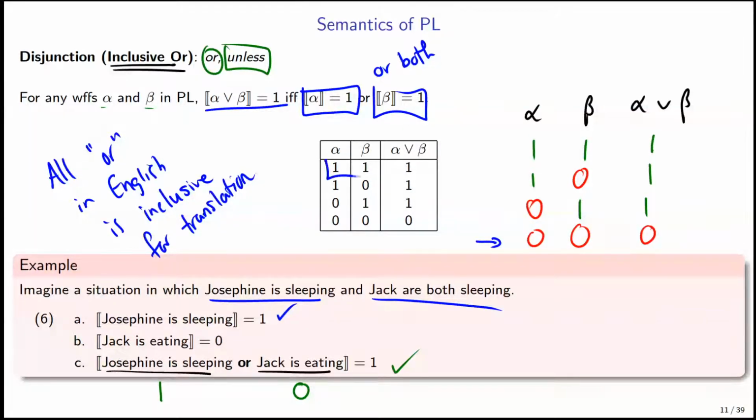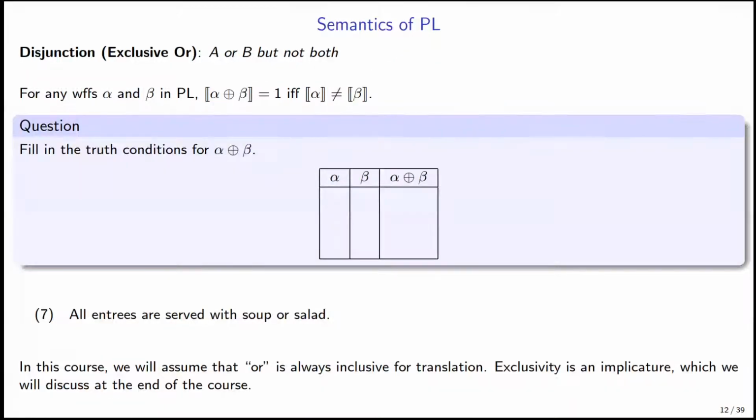So you can think of it as if alpha is true and beta is true, then alpha or beta is true because at least one of those is true. And that's how we treat most things in English. The exclusivity, where you think, oh, well, if both are true, then the or isn't true, that exclusivity is an implicature, and we'll talk about it in a bit, as in right now.